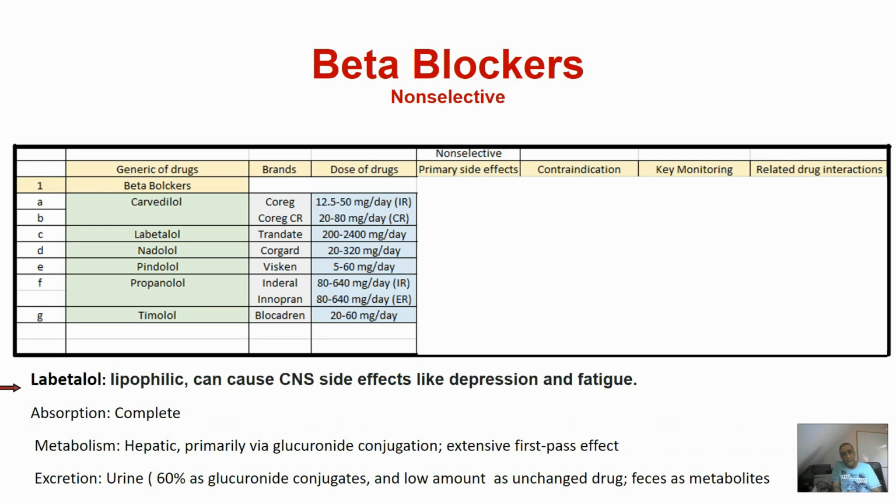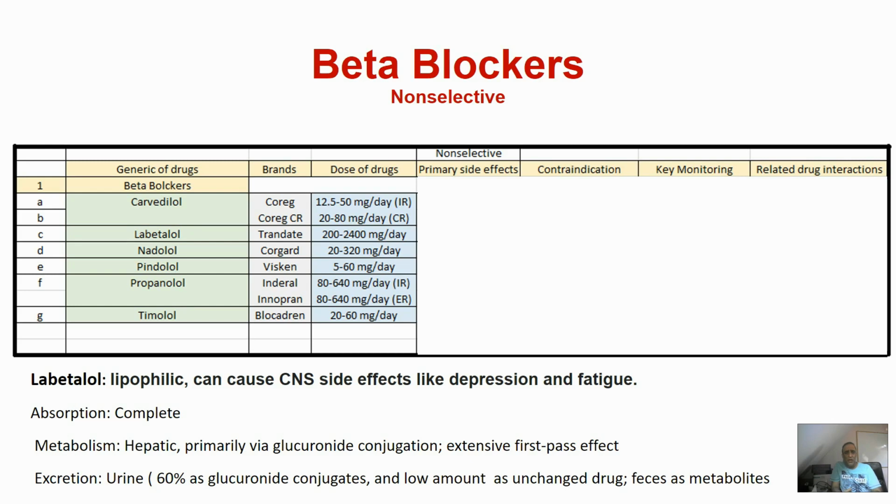And the second drug of this group, Labetalol, is lipophilic and can cause CNS side effects like depression and fatigue. Absorption is complete because it is lipophilic, and the metabolism is mainly hepatic, mainly by glucuronide conjugation in the liver. There is an extensive first pass effect in this situation.